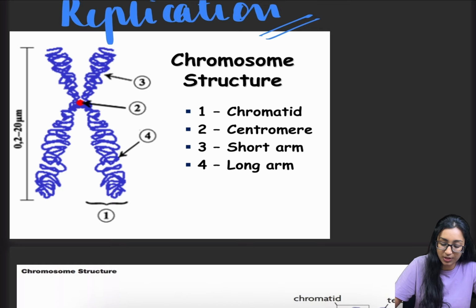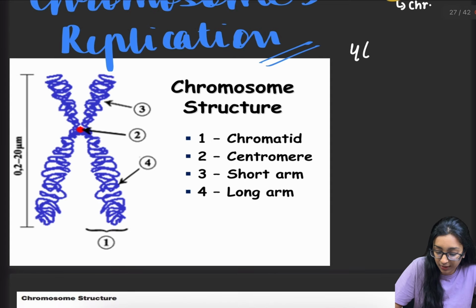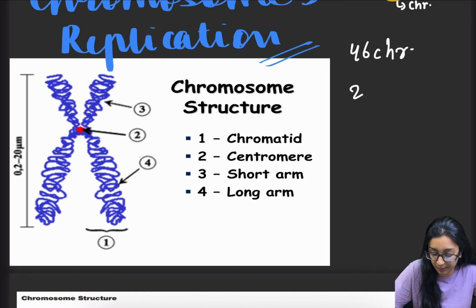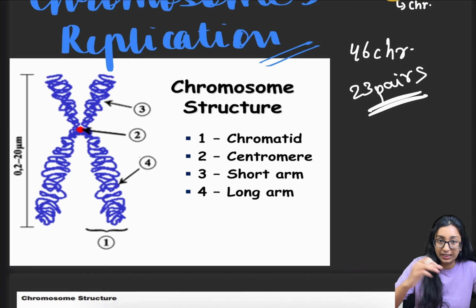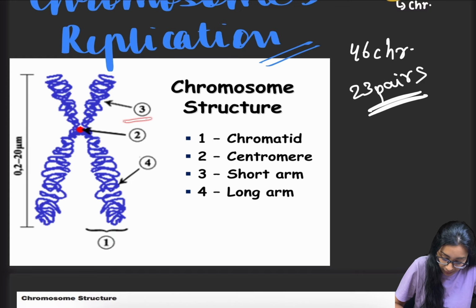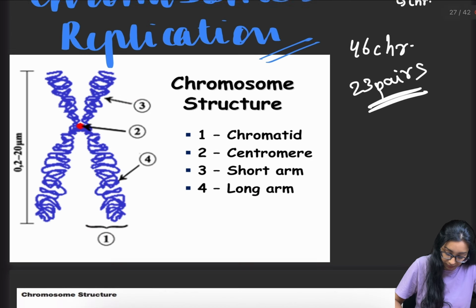How many chromosomes are present inside a human body? 46 chromosomes, present in 23 pairs. So these 23 pairs are present in such X format. These are called the chromatids. The center is called the centromere. The fourth one here is the long arm, and the third one here is the short arm.